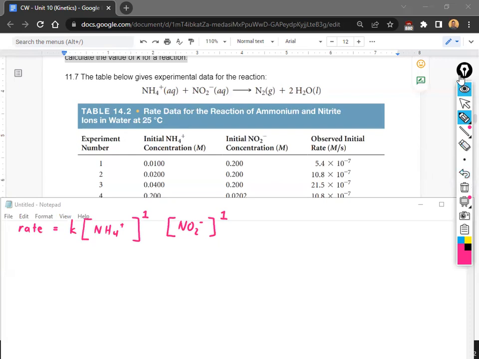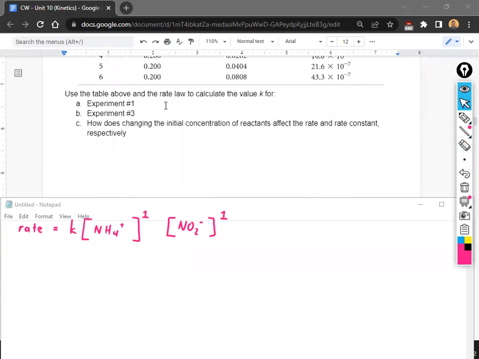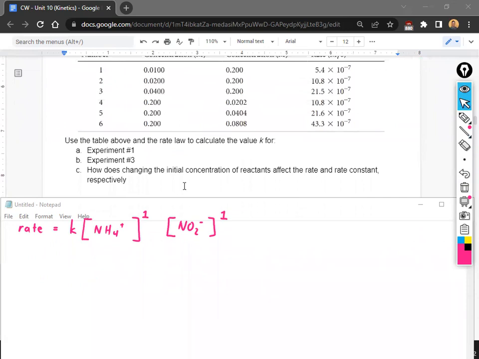Okay, so let's solve part A. Part A, we are finding the K value for experiment 1. And so what I'm going to do, just to make our lives a little bit easier for the math part, is let's rearrange this equation so that we're just solving for K, okay?